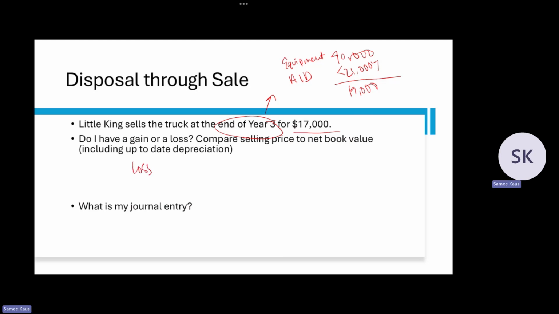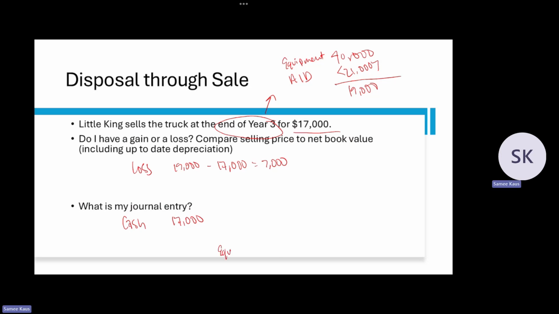So I know that I'm going to have a loss, right? I'm going to have a loss equal to my net book value of 19 less what I'm getting for it of 17, or 2,000. But maybe I don't want to do that extra step because I feel really good in my journal entry capabilities. So I know from a journal entry perspective, this person is giving me 17,000 bucks in cash.